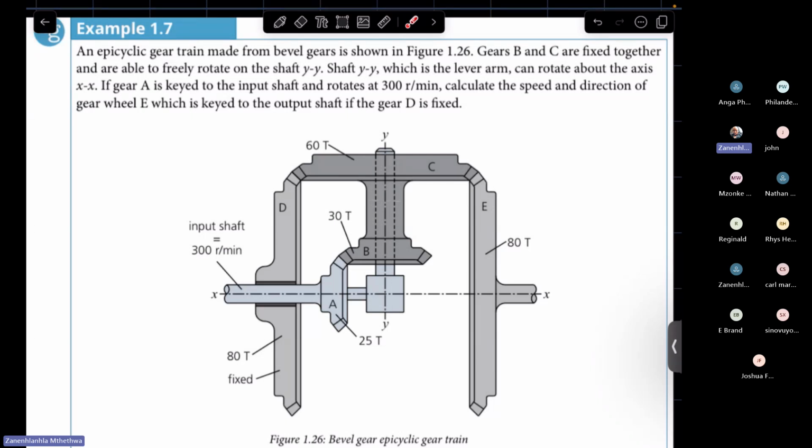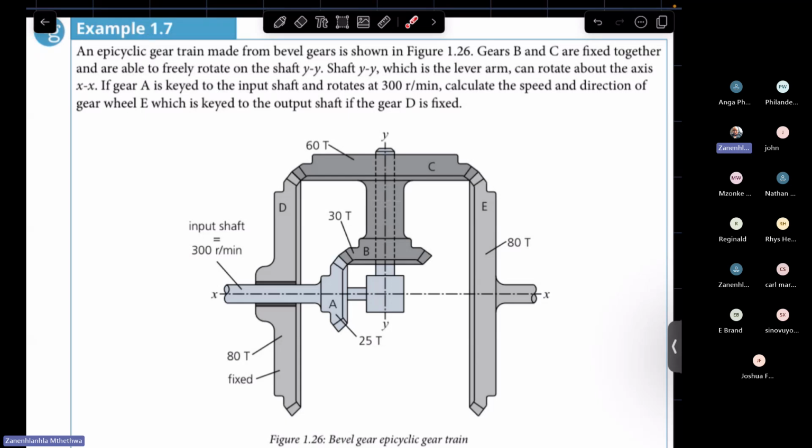So again, under bevel gears, you get two types of epicyclic gear systems. One is the Humpage epicyclic gear system, where we treat any and all components as being part of the epicyclic gear system. Hence, we tabulate any and all components.